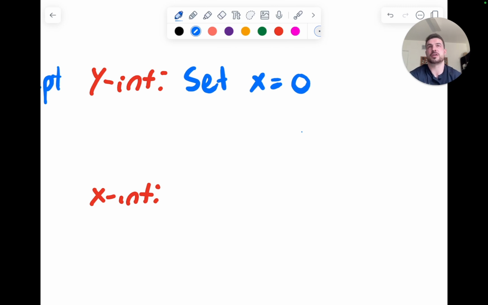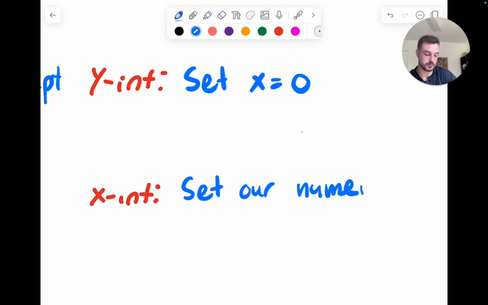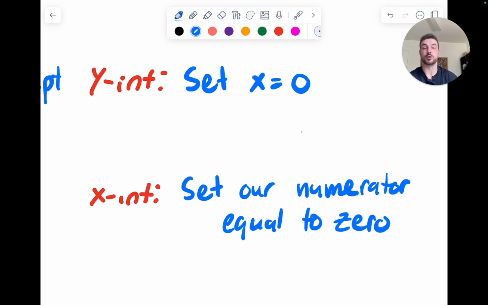Because a rational function is essentially a fraction, for a fraction to be equal to 0, just the numerator needs to be 0. Therefore, if we set our numerator equal to 0, we can find that x-intercept.